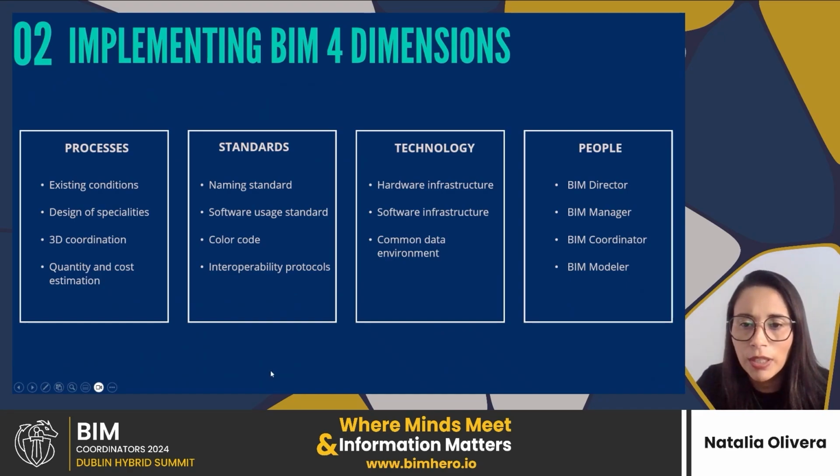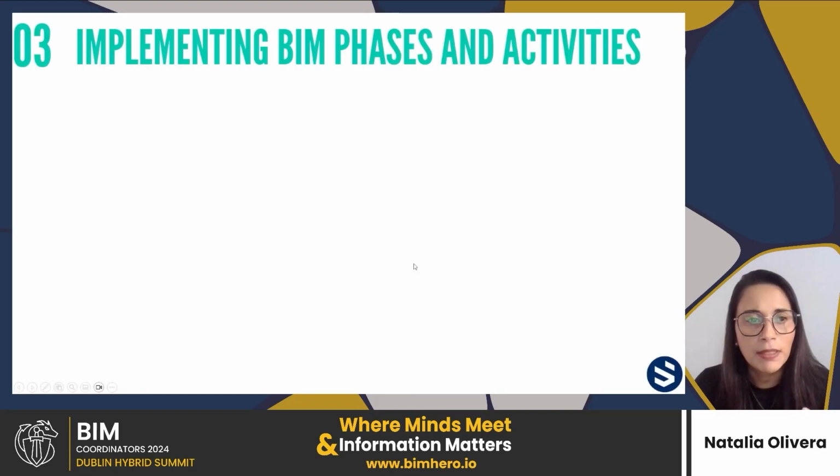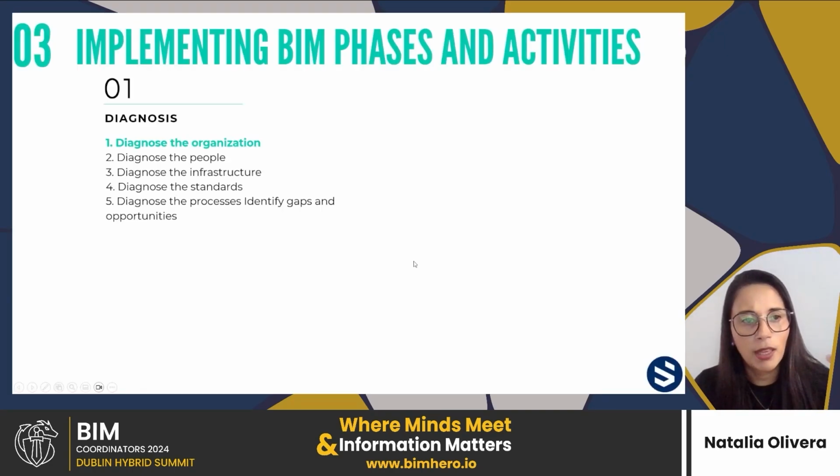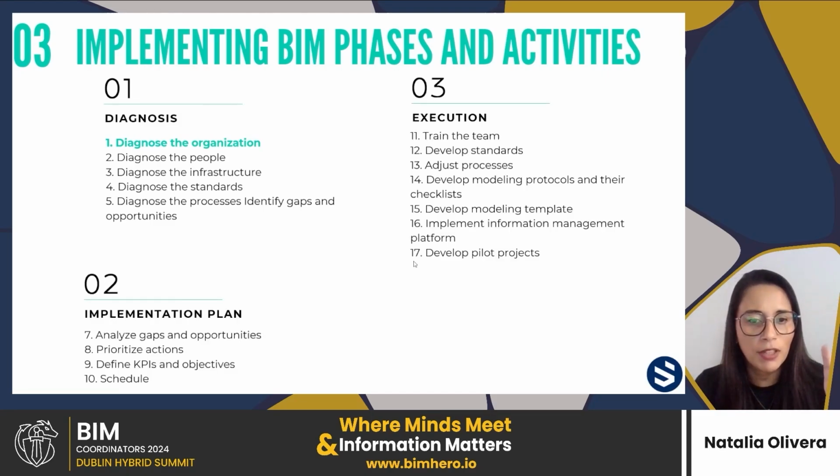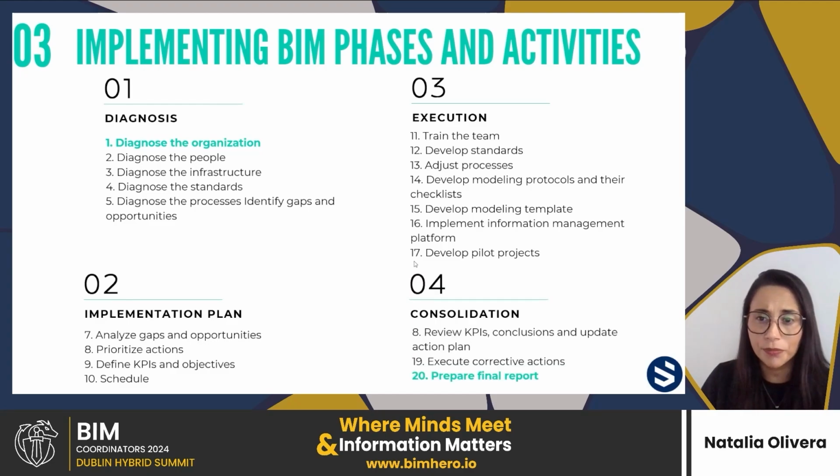And the way we will do it is by going through 4 stages: diagnosis, execution, implementation plan, and consolidation. These 4 stages bring together 20 activities that are developed as a base.